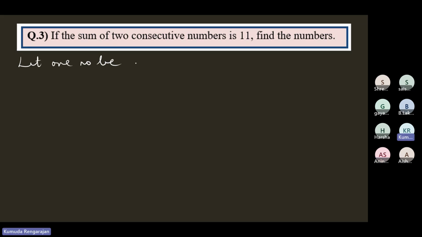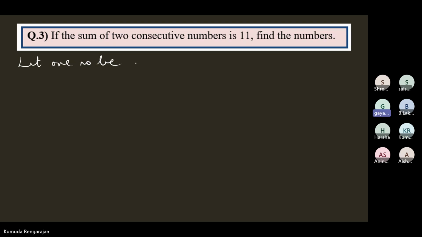What are the two numbers you got, Anantika? 5 and 6. Gayatri, say ma'am. Yeah, tell me.